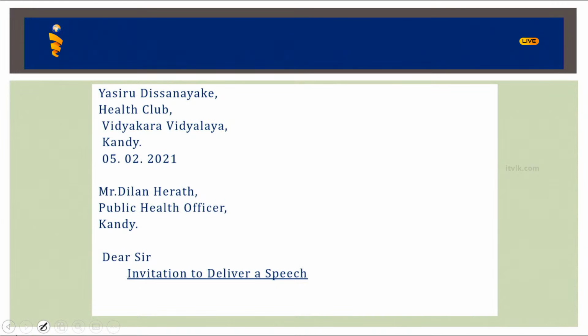Don't we have to make them capital as well? No. If it is a preposition, articles and things, we don't write in capital letters. So, invitation, I should be capital, deliver, D capital, and the speech, S capital. The rest of the two words are not capital, right? So, you have to keep them in mind.